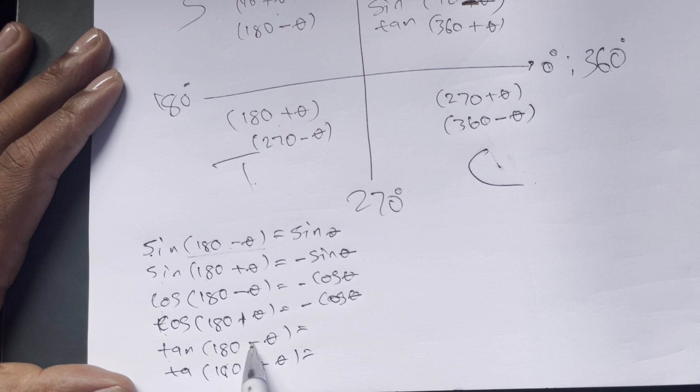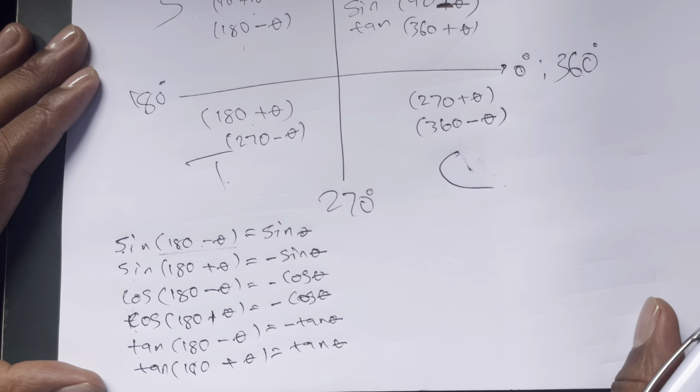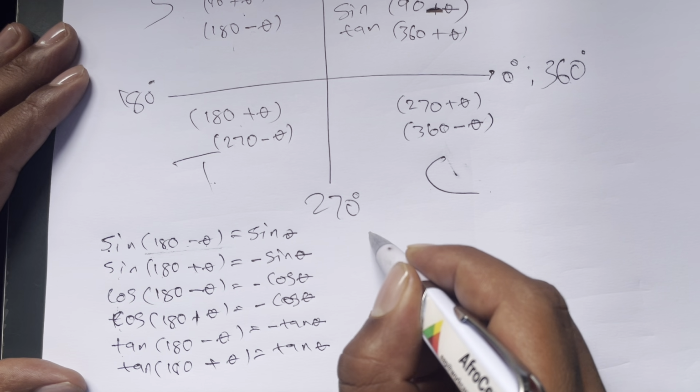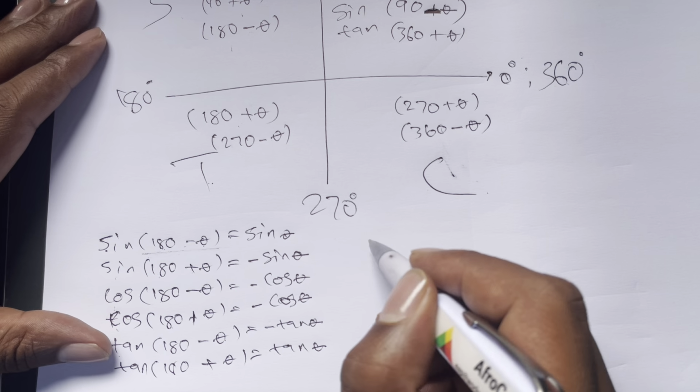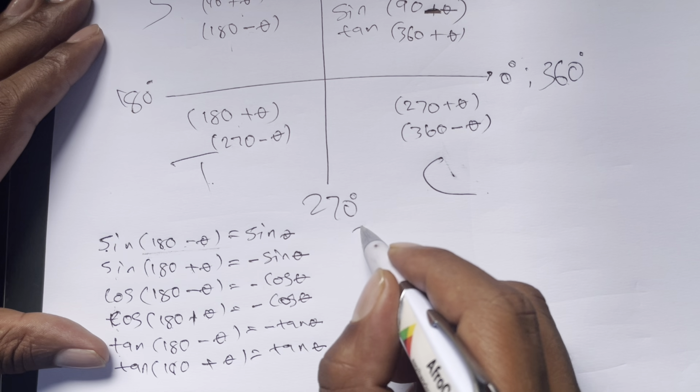Tan into 180 minus theta is in the second quadrant, so it's going to be negative tan theta. And tan into 180 plus theta is in the third quadrant, so it's going to be positive tan theta.